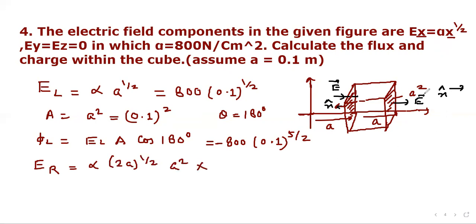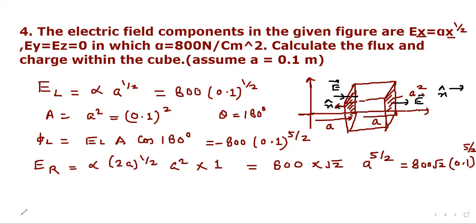The electric field and area vector are directed in the same direction, so cos 0 degrees gives 1. So we write 800 times root 2 times a to the power 5/2, and a is 0.1, so 800 root 2 times 0.1 to the power 5/2.